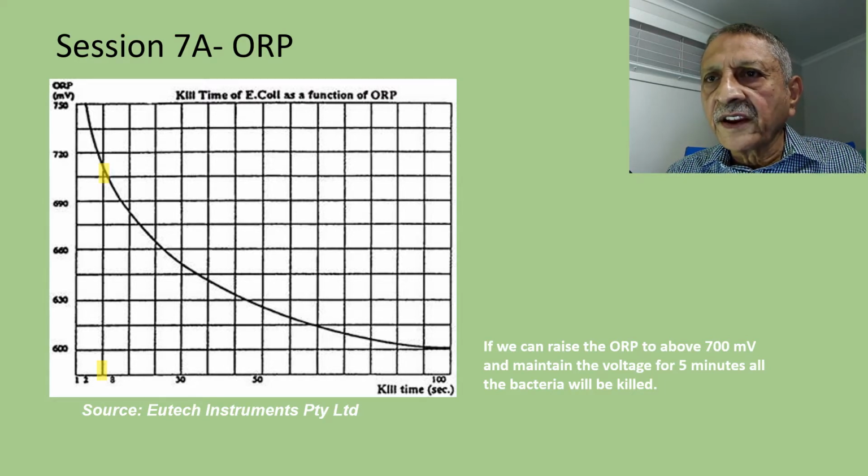So in the reaction of sterilizing the water, if we are able to raise the ORP to above 700, maybe 800, and keep it for 5 minutes to be sure, rather than 100 seconds, you will be certain that all the bacteria will be killed. This slide is only representing the fundamental bacteria, which is a very reliable source to show the relativity of kill time. But this would apply to all the other bacteria.